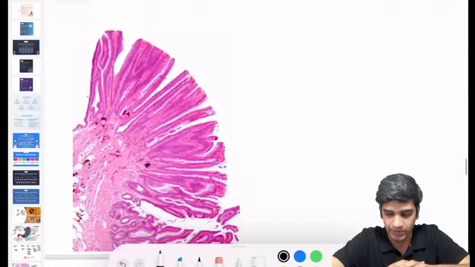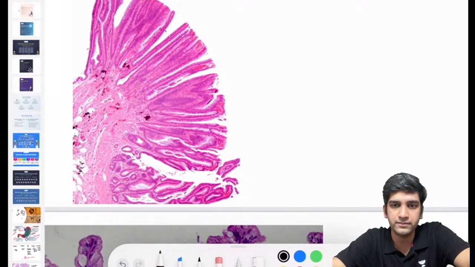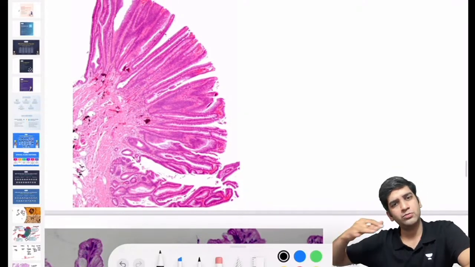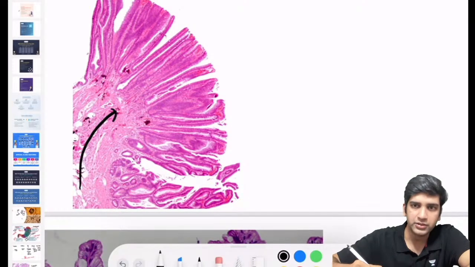Fine. Okay, next image. Here, are you seeing villi or not? Is there any villi here? Definitely there are lots of villi. Can I say that almost the entire polyp is full of villi here? I'm having the stalk of the polyp here, right?